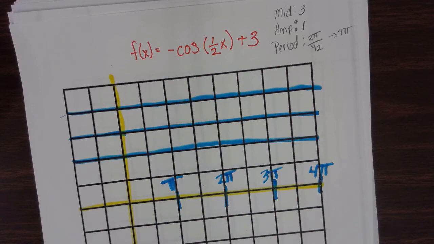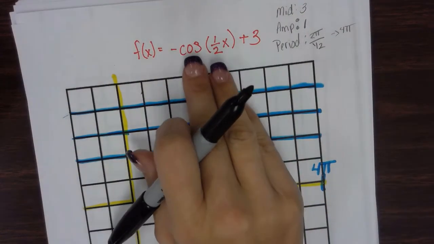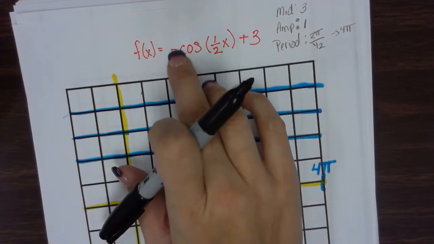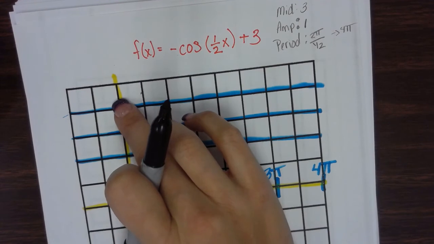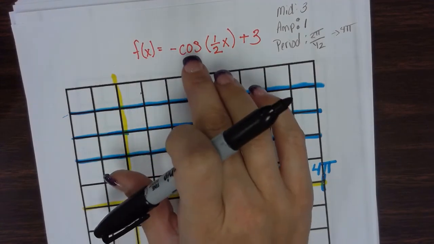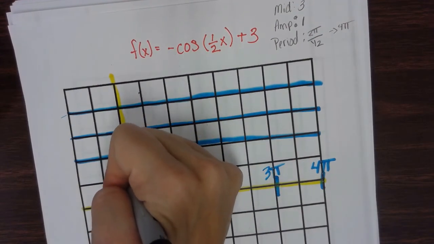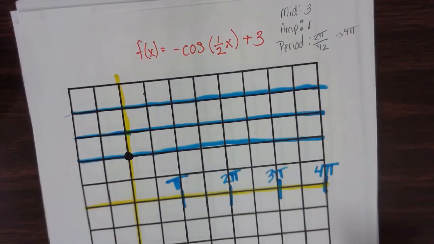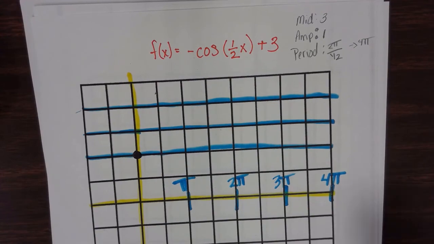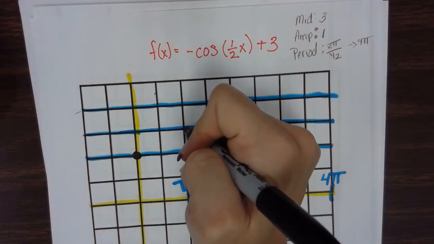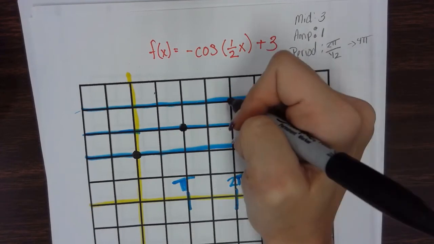Alright. Cosine starts where? Cosine usually starts at the top. Should be right here. But since it's negative, we're going to actually reflect it. So, instead of starting at the top, we're going to start at the bottom. So remember, points are only on the blue line. The next tick mark here at pi would be at the midline.